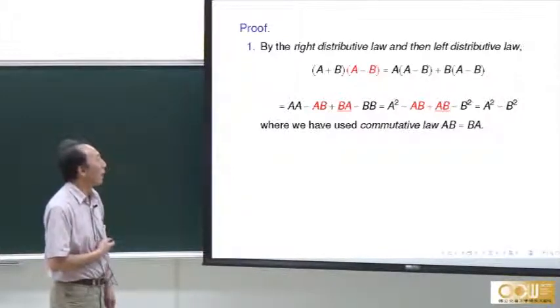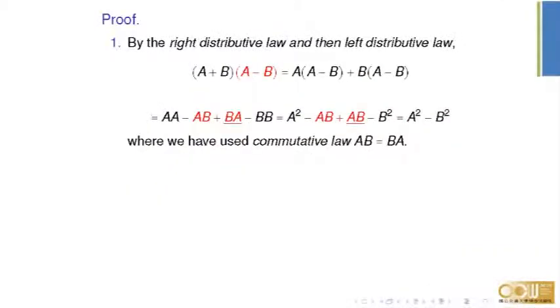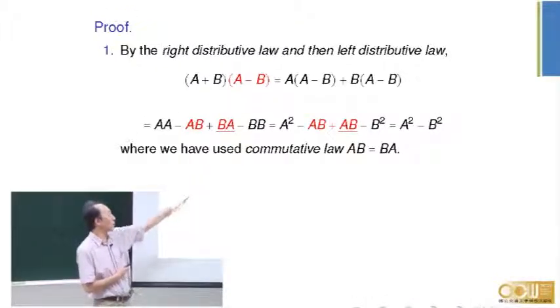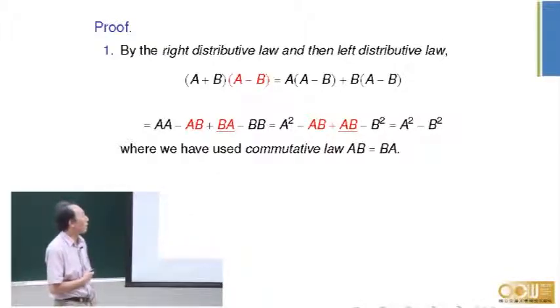For the first one, I start with the left-hand side and multiply this out to get to the right-hand side. First I use the right distributive property, which means I multiply by fixing the red color terms, a minus b.